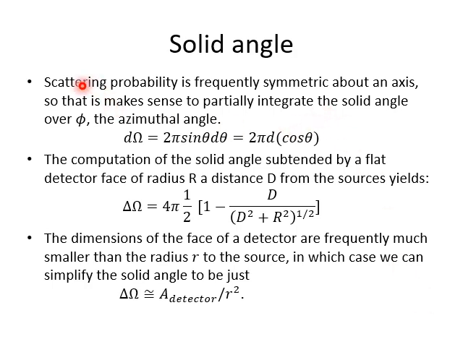The probability that something scatters into some angle would be related to how large the range of angle is, and we would measure that range of angle using steradians. The scattering probability out into some particular angle, as I implied earlier on, is usually symmetric about the z-axis if our particles are incident along z.